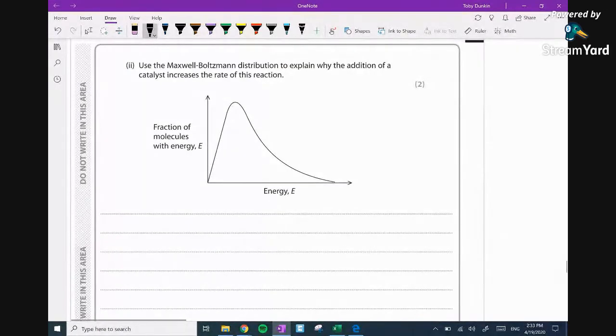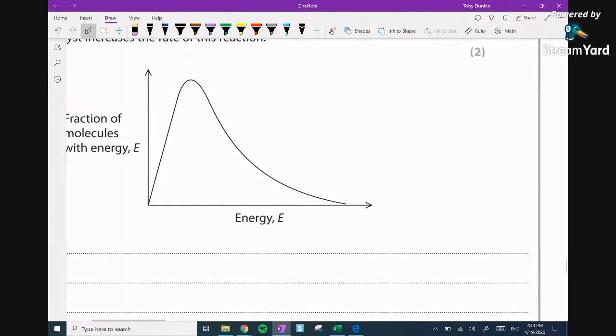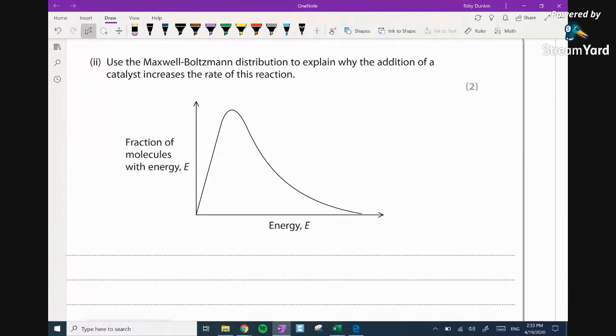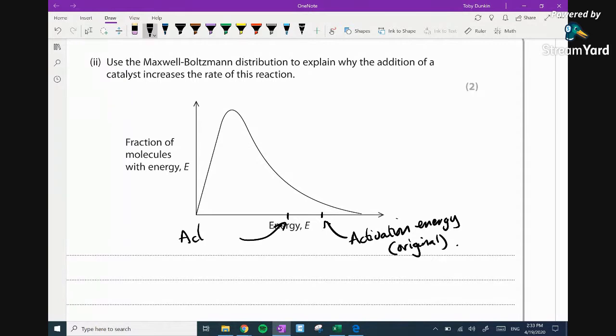Use Maxwell-Boltzmann's distribution to explain why the addition of a catalyst increases the rate of a reaction. Right. So, and now she says use it. If I just label this one here as the activation energy, and I could actually put brackets original, and then I can also go, okay, that one there is activation energy with catalyst.